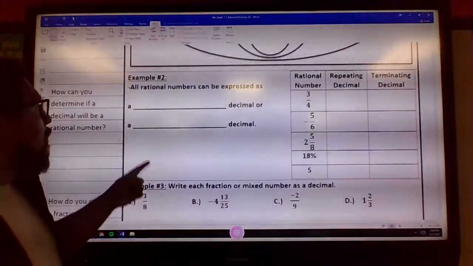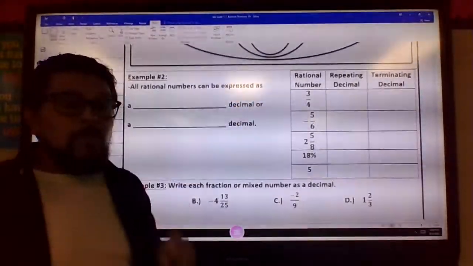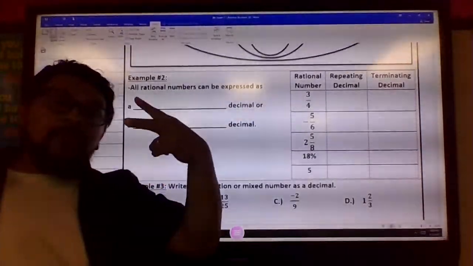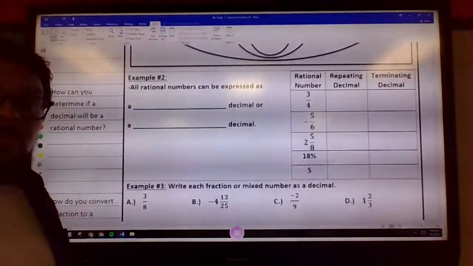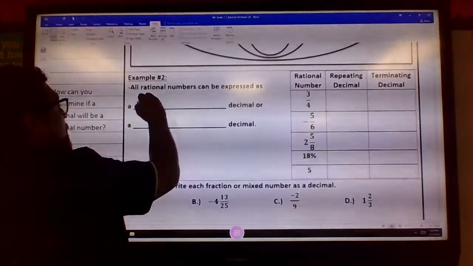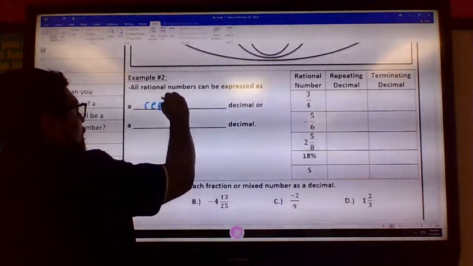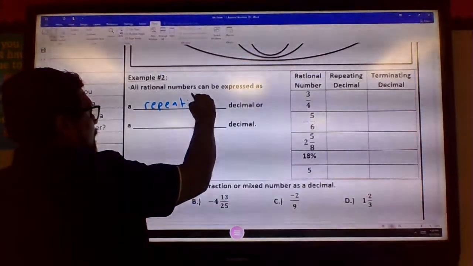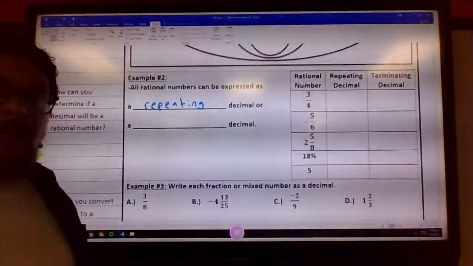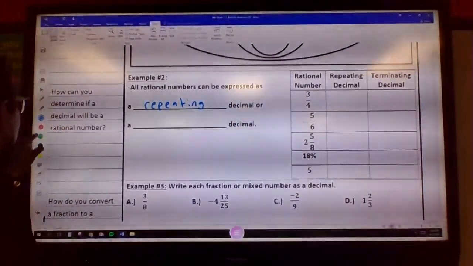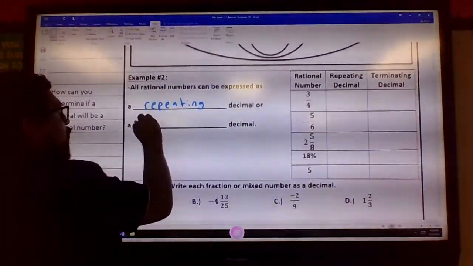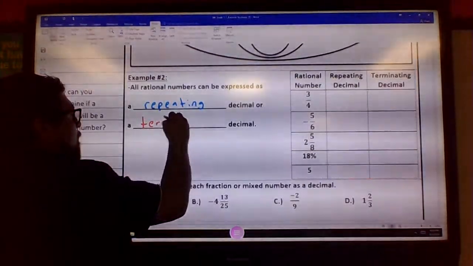So here we go. All rational numbers can be expressed in two different ways. One is a repeating decimal. And they can also be expressed as terminating decimals.